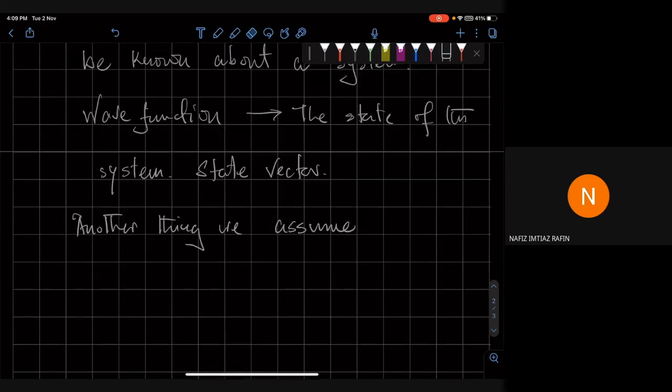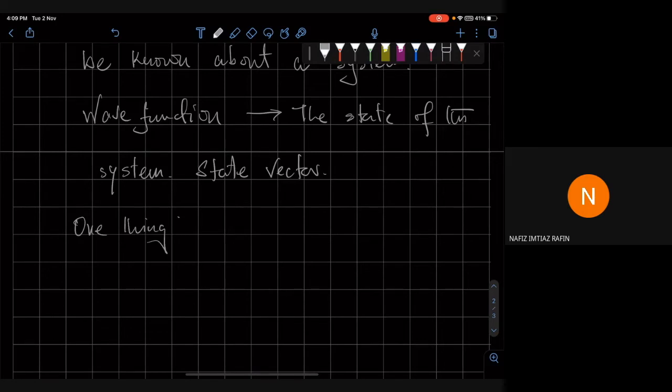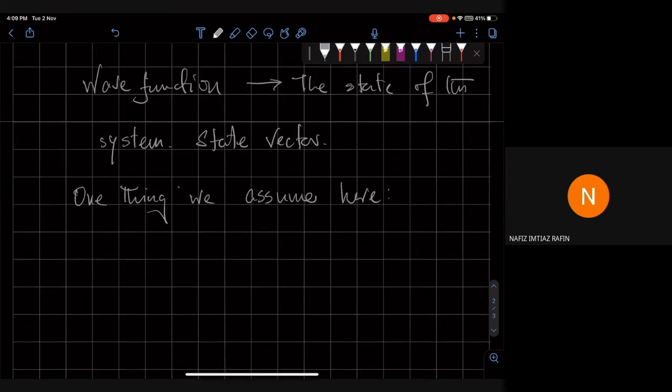Another thing we assume for this course, but it's not necessary, is that the potential is independent of time.